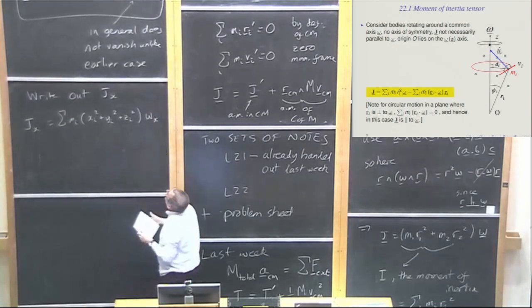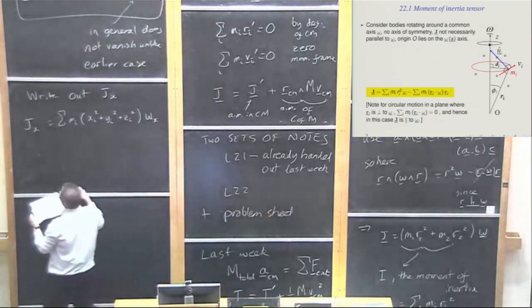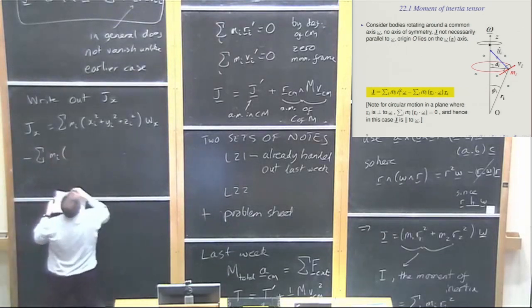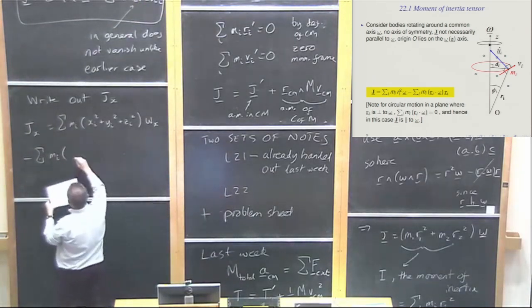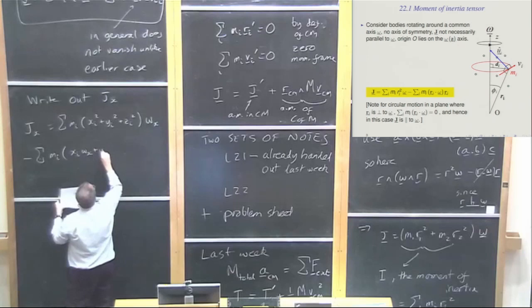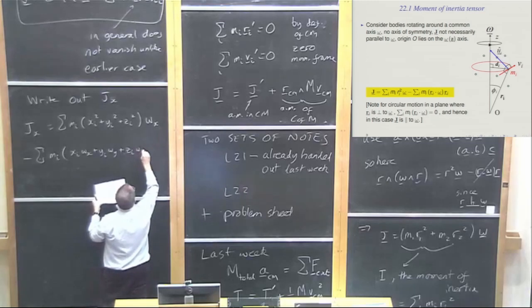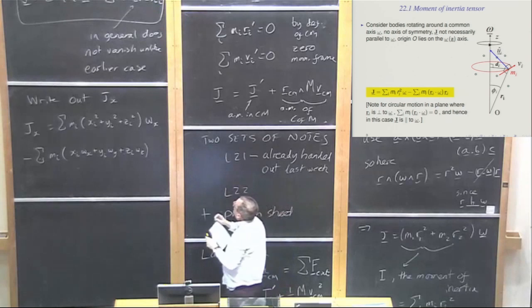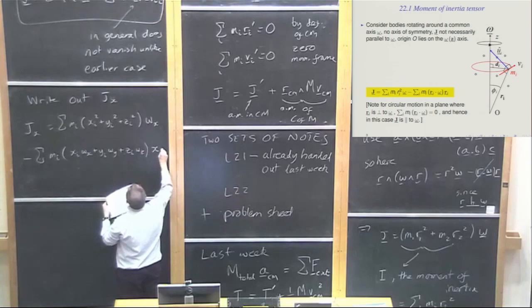So omega x, and then we have this contribution here, minus the sum over Mi, and then we have to evaluate Ri dot omega, so that's going to be xi omega x plus yi omega y plus zi omega z. And again, Ri is a vector, and we're evaluating x components, so we get xi.